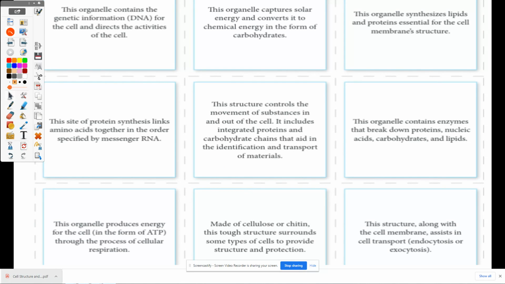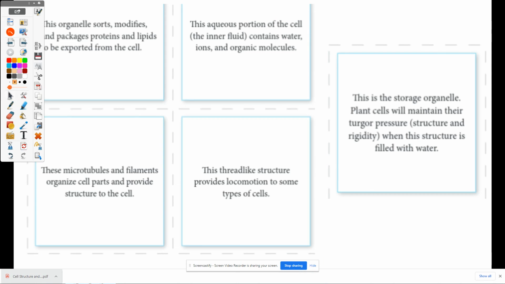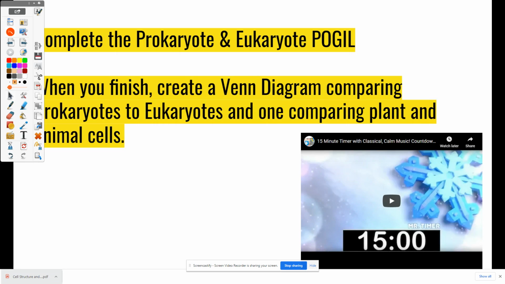So what we're going to do now is you are going to work on the prokaryote and eukaryote POGL. For those of you at home, it is attached to the Google Classroom post. You can print it out. It does not take very long.